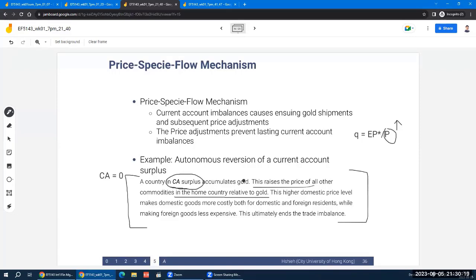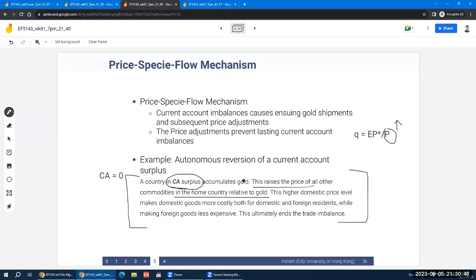So if we have a stable system, in which everyone achieves a current account balance, and there is a sudden perturbation in the system in which one country becomes suddenly productive and they can sell things for cheap, then the price ratio tells us that they're going to eventually accumulate gold. But that accumulation of gold is going to translate to inflation, and that inflation is going to cause domestic price levels to rise.